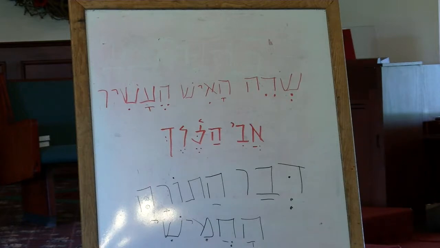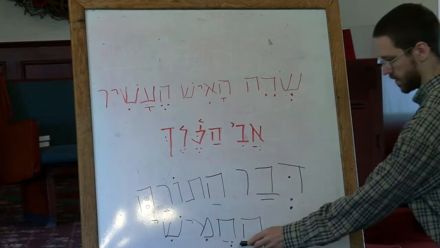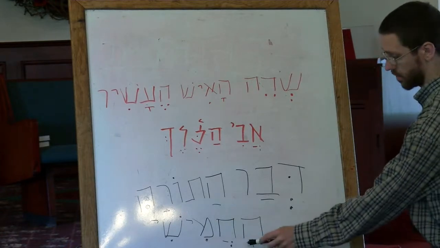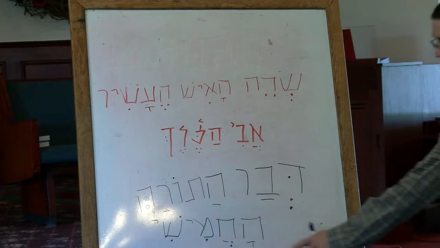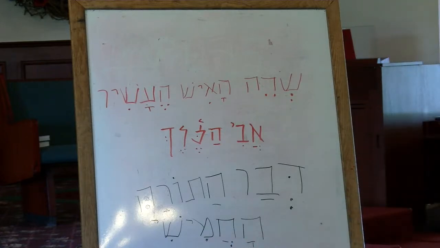All right, let's see. So the fifth word of the law, dever haTorah hachamishi. Okay. So, well, the Hay qamets is followed by a Chet.